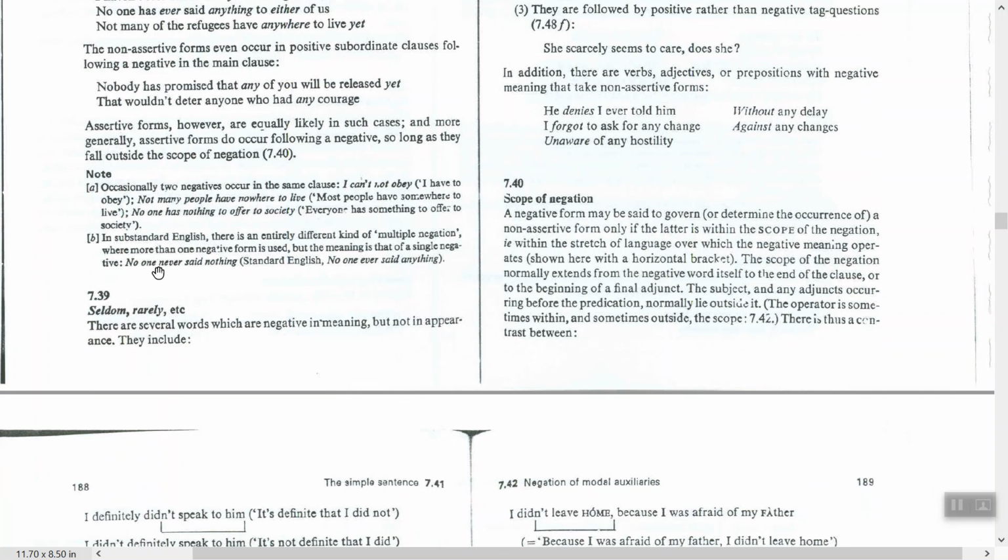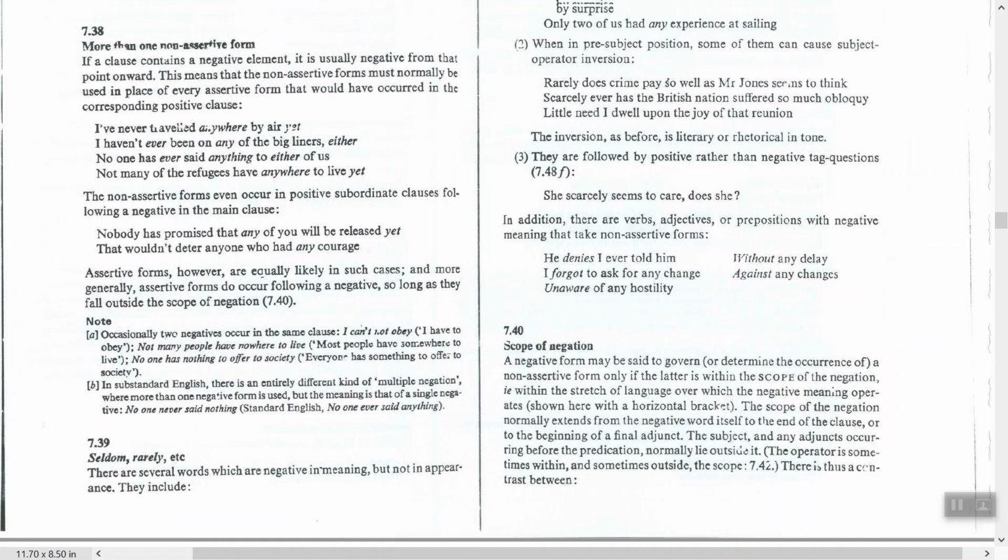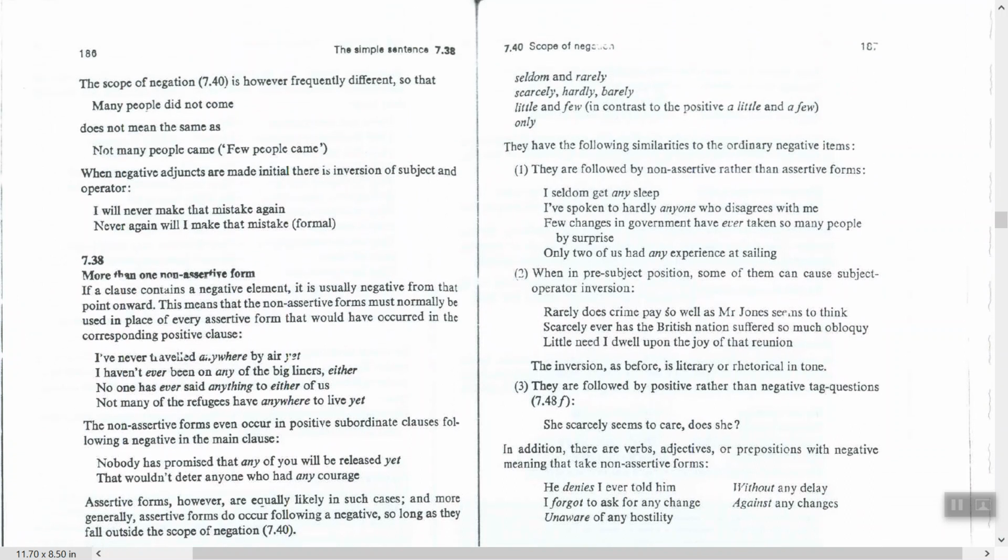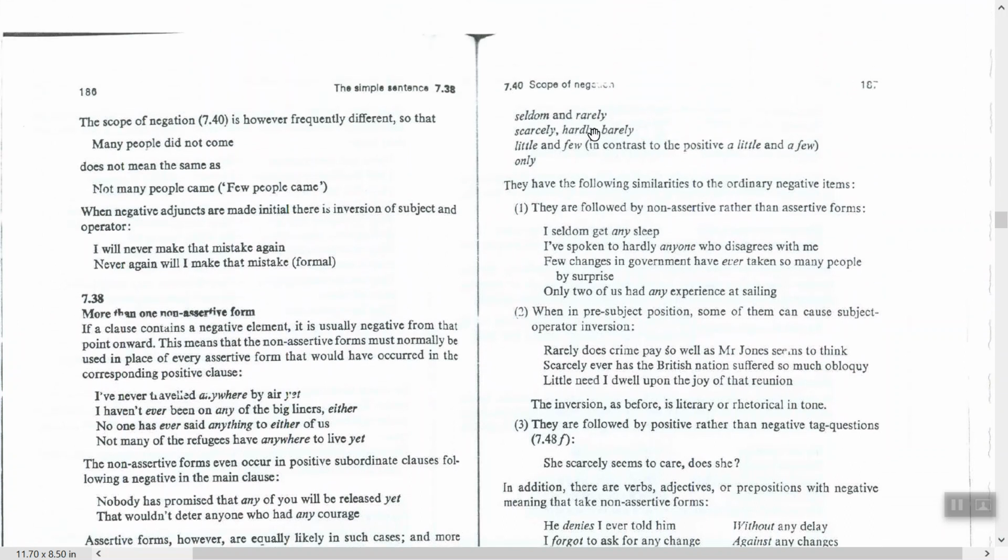The last point, we talked about this. Seldom, rarely, etc. There are several words which are negative in meaning, but not in appearance. For example, these words: seldom, rarely, scarcely, hardly, barely, little and few, in contrast to the positive little and few only.